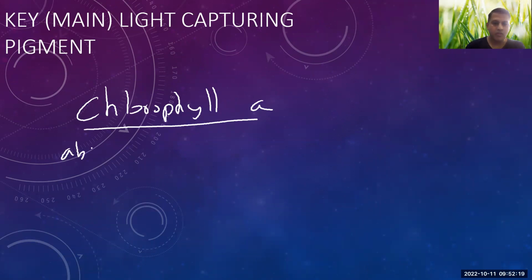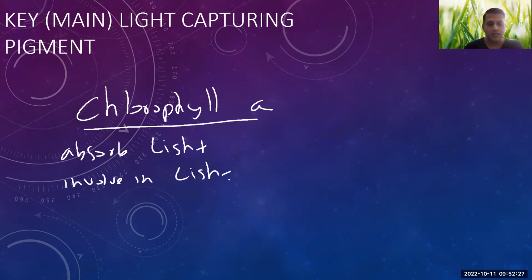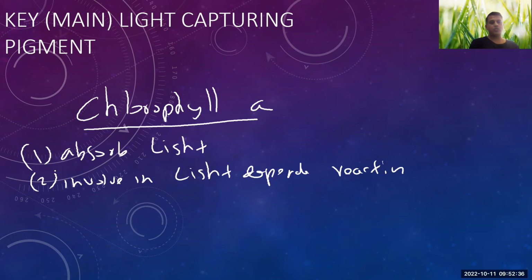It can absorb light and is involved in light dependent reactions. So I can write here 2 functions. Chlorophyll A can absorb light and is involved in light dependent reactions.